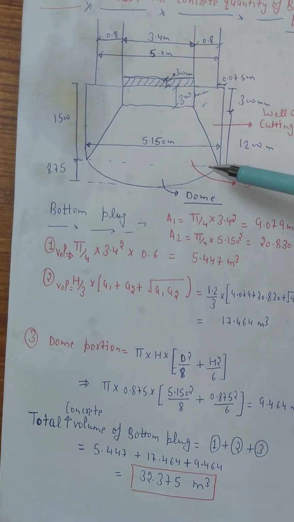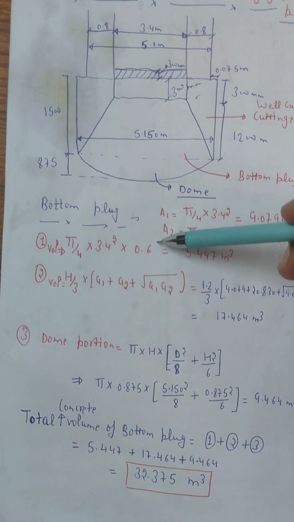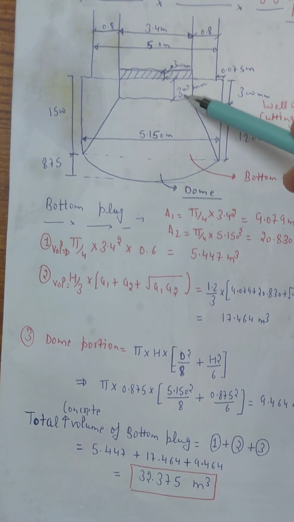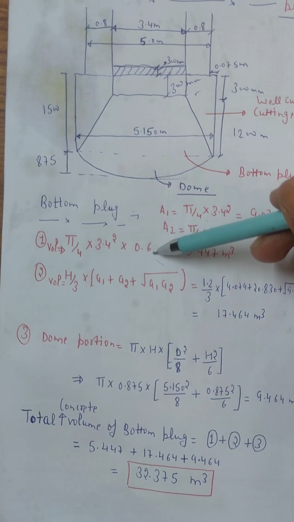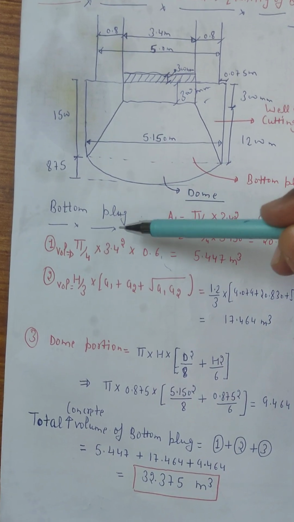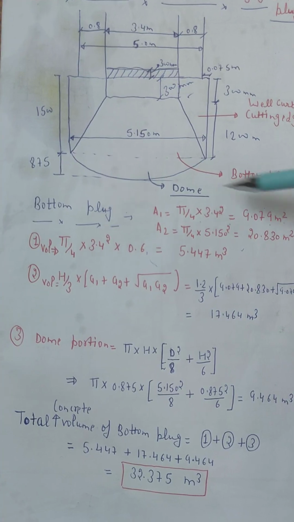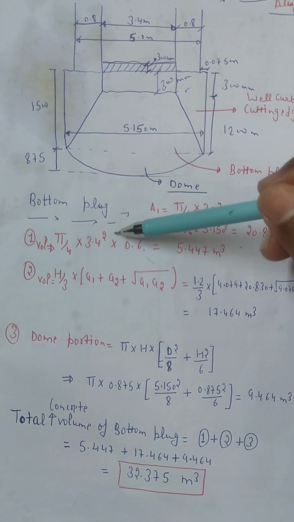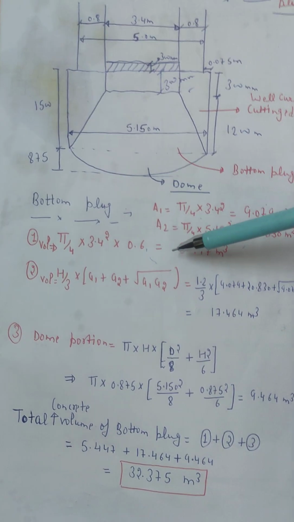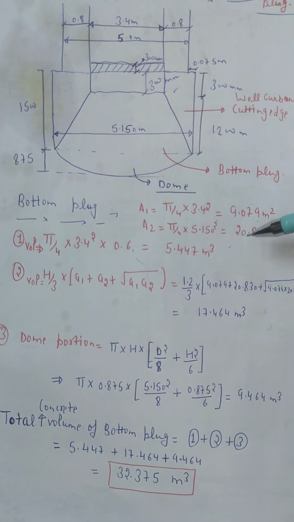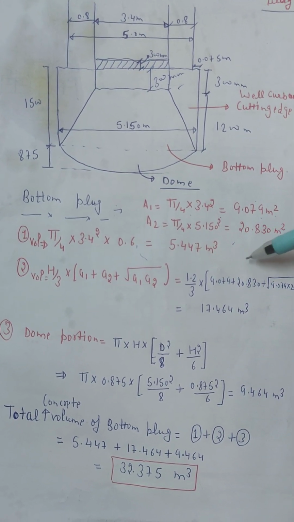So I have taken total thickness of this as 0.6 meter, this 0.3 and this 0.3, so it will come around 0.6 meter. So now we have to calculate the volume. Above I have calculated the area, so pi by 4 into 3.4 square into 0.6, that is the thickness, will come around 5.447 meter cube.